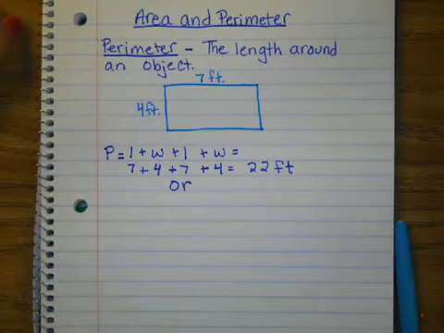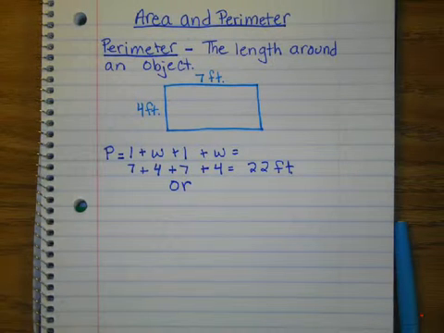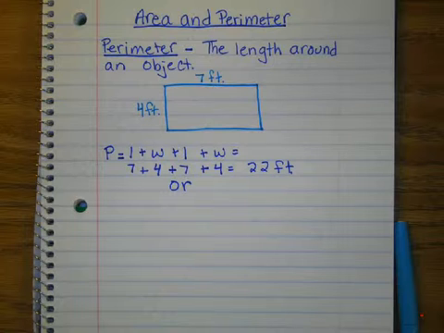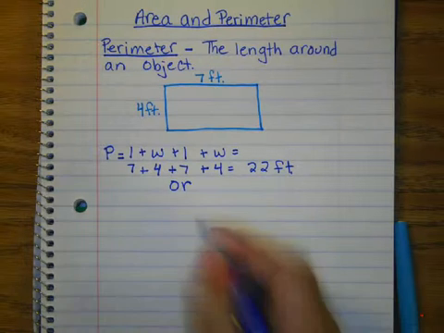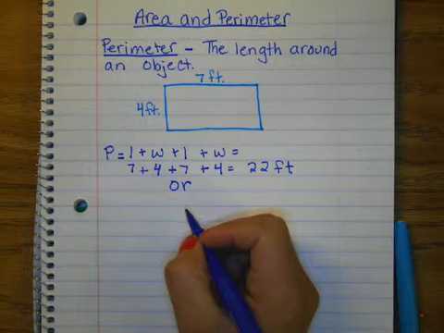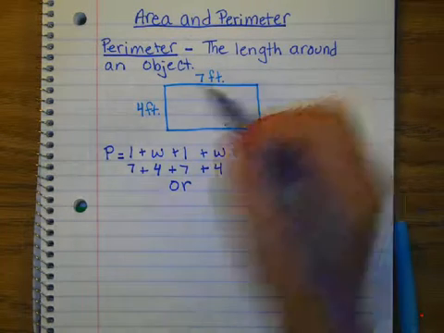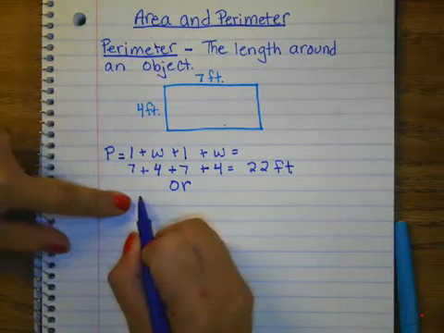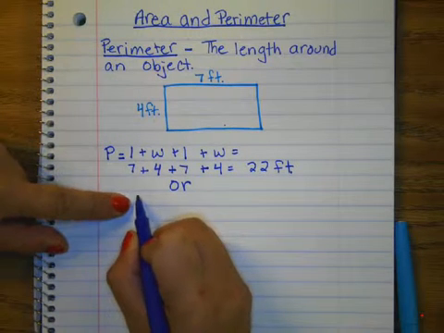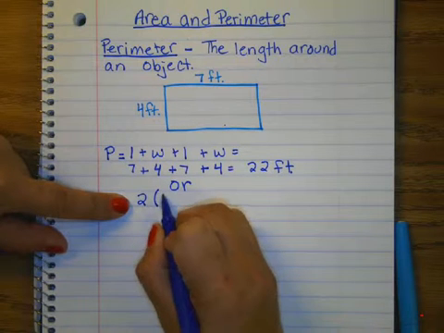Oh, let me see. I like how Johanna is quietly raising her hand. Go ahead. You can do 7 times 2, and then 4 times 2 because we have 2 sides for each of those. Okay? So I could write that, and I want you to put this in your notes. I could say 2 times length plus width. That's another formula I could use.